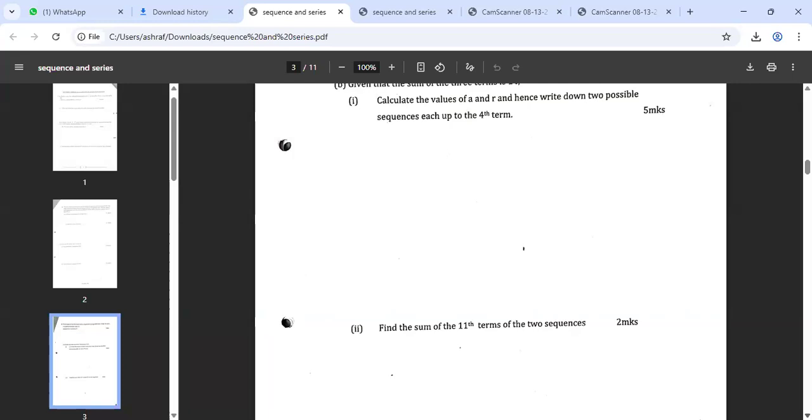Find the sum of the 11th terms. So you get T11 for both and then you sum.